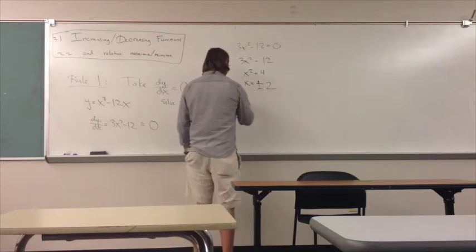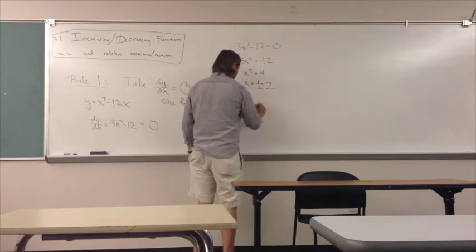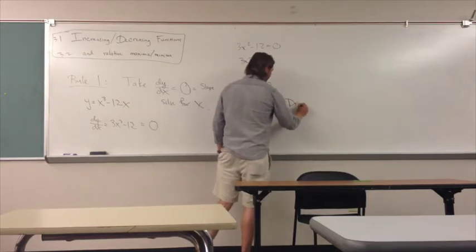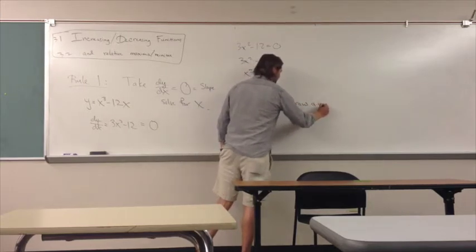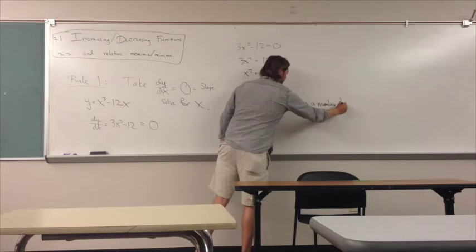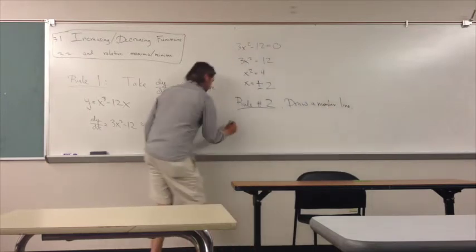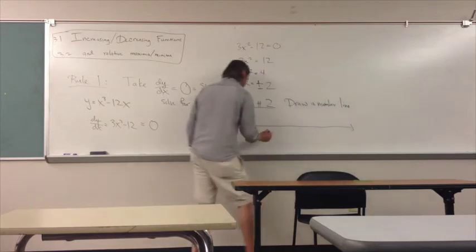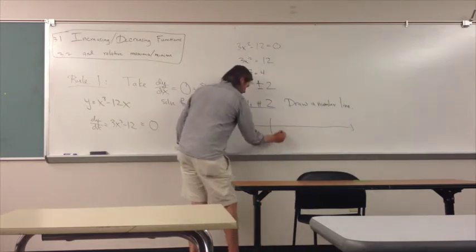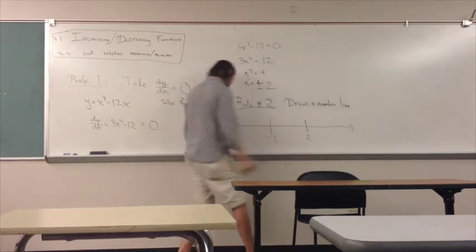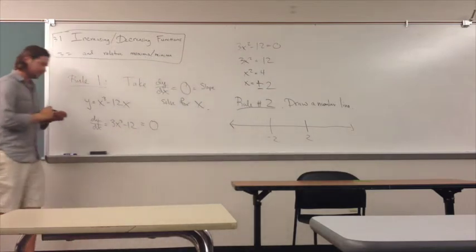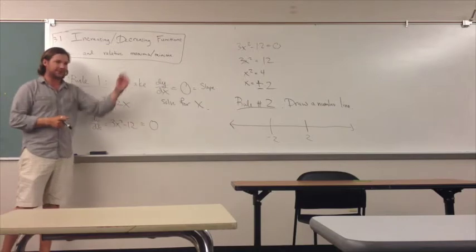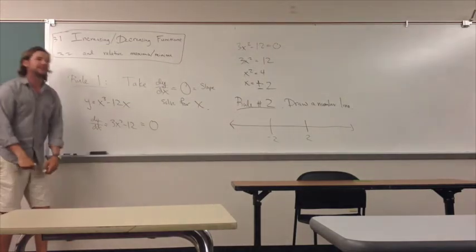Now, rule number 2. Draw a number line. And on that number line, put down the points where the derivative is equal to 0.